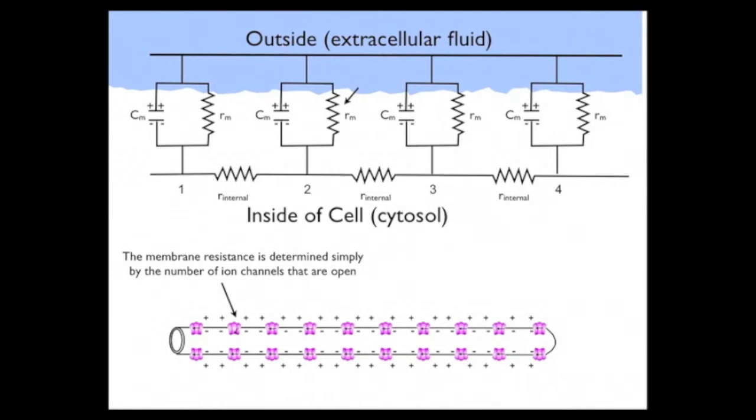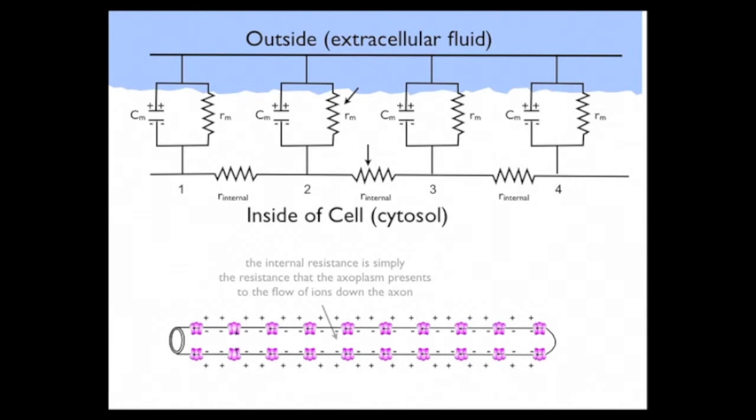If we open a channel, now current can flow through that channel and the resistance is reduced. And if we open another channel, even more current can flow and the resistance is further reduced. Hence, the membrane resistance simply is an indication of how many open ion channels there are in the membrane at any one time.